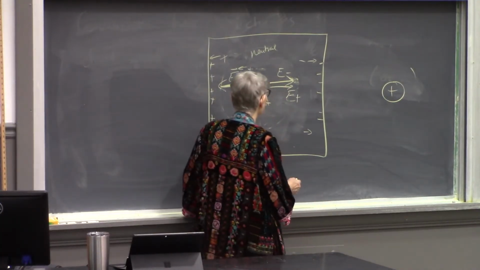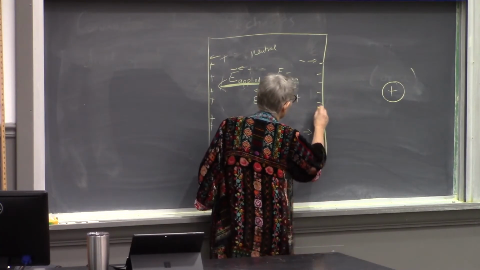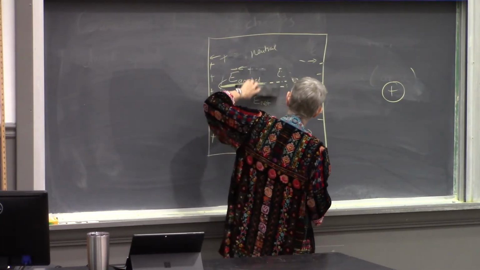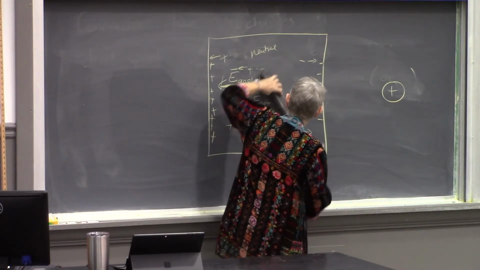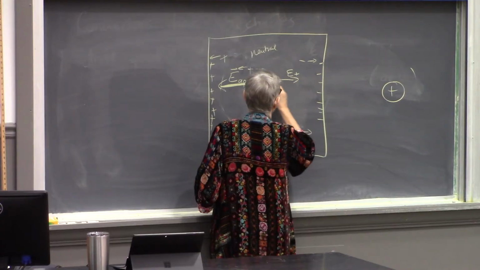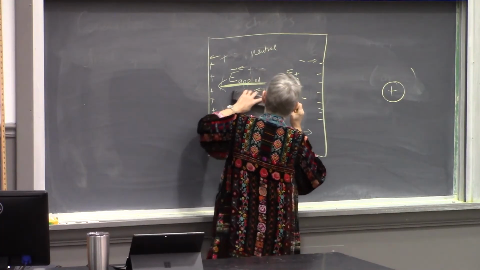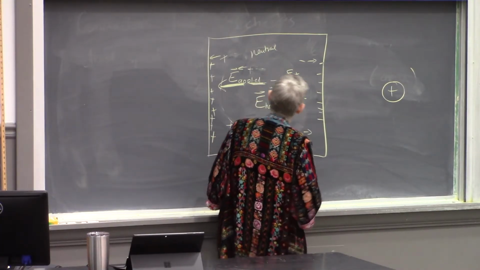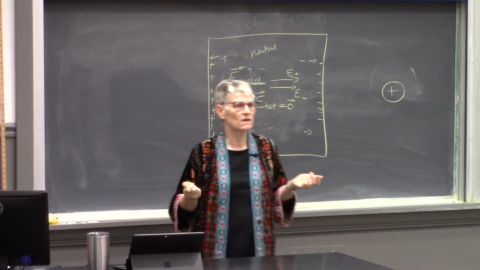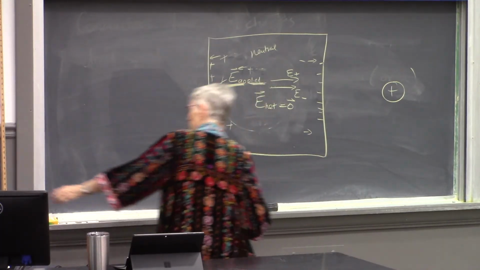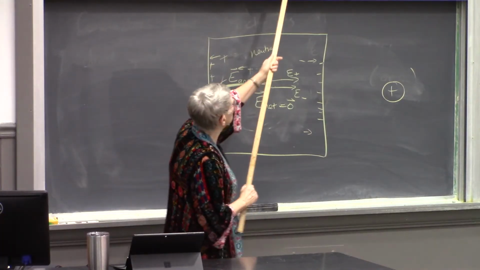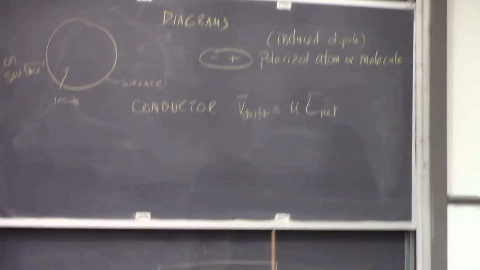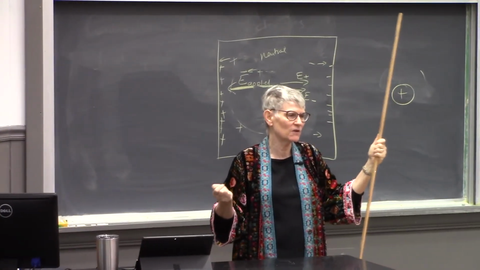When we get to the point where we have enough negative charge and enough positive charge that these new fields add up to a zero net field in here, then the drift speed goes to zero, doesn't it? Because even if they had a little momentum, they collide with the solvent and they stop moving.